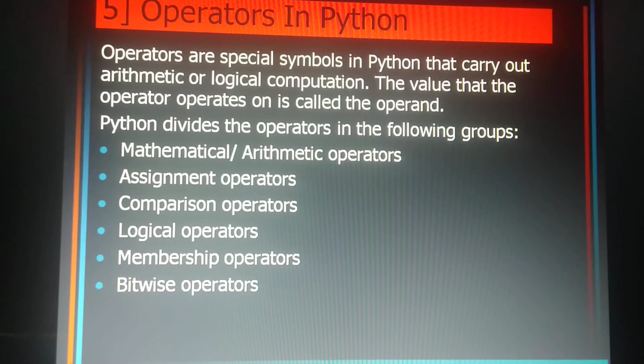Now operators in Python. Operators are special symbols in Python that carry out arithmetic or logical computations. The values that an operator operates on are called operands. There are types of operators: mathematical operator, assignment operator, comparison operator, logical operators, membership operators, and bitwise operator.